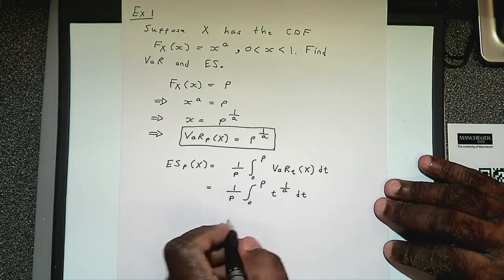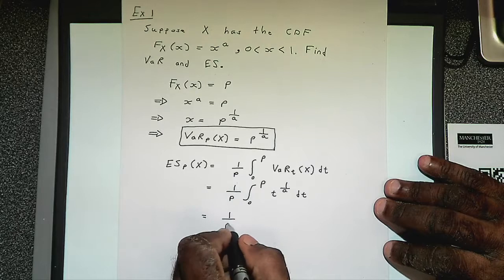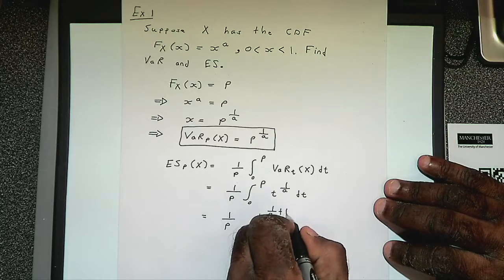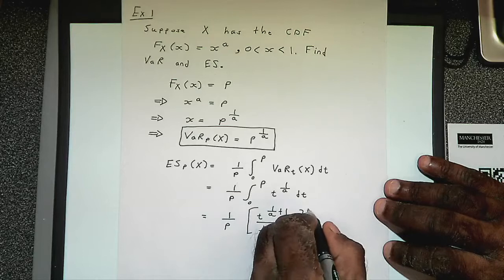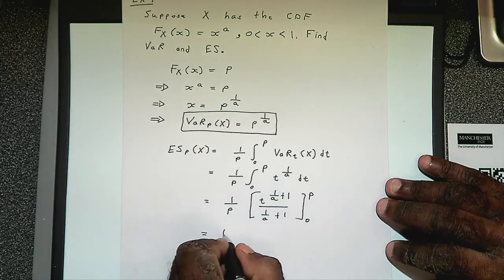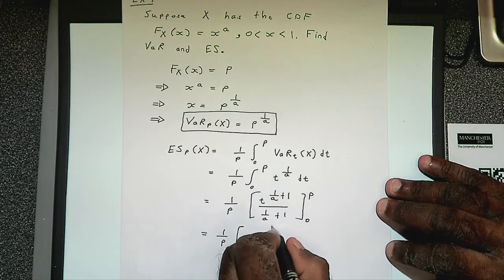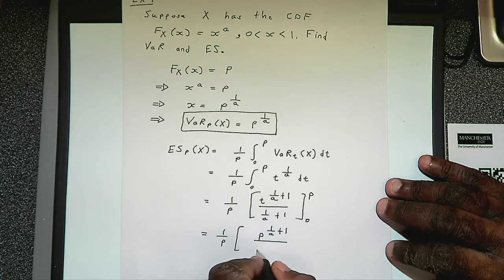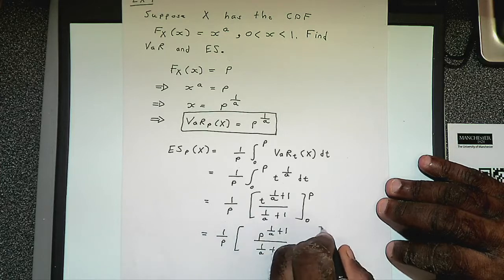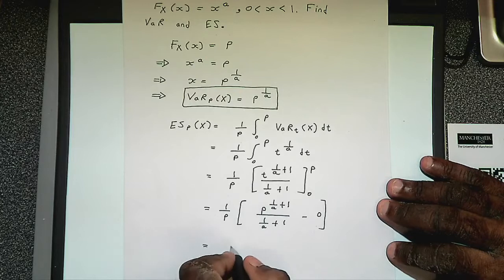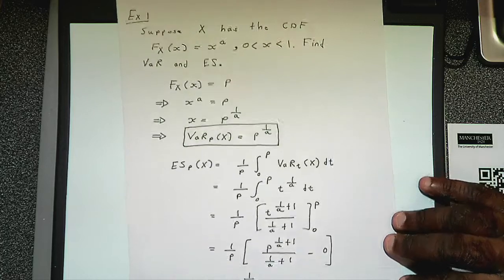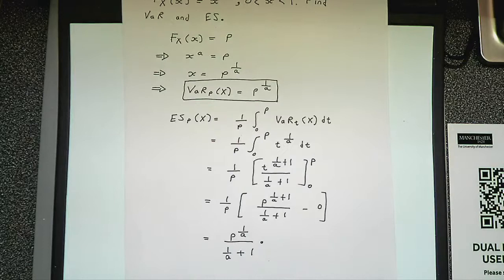All right, and if you do the integration for this, you get 1 over p times, so this is 1 over p times, right, and this is equal to okay, so this is the formula for the expected shortfall for this example, right? You guys okay with this? Yeah.